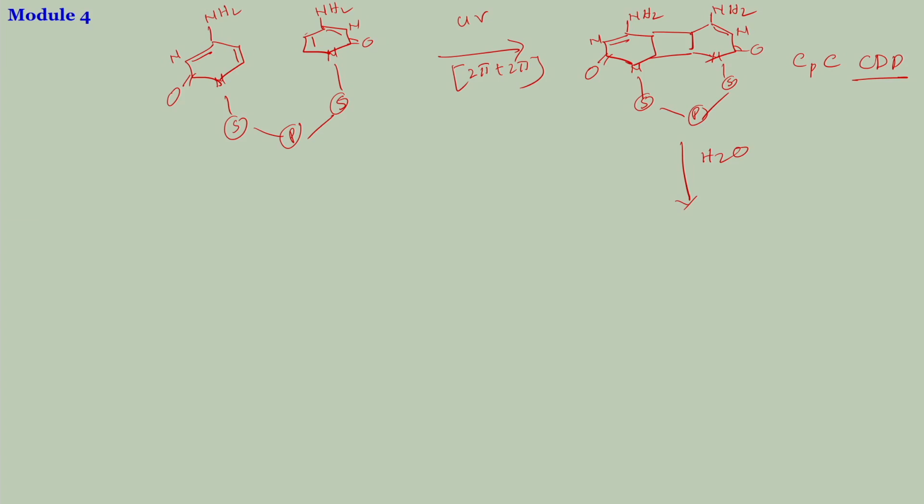Treatment of water deaminates the NH2 groups from here, quite rapid deamination actually. Once you form this in water, it is immediately hydrolyzed, ammonia would be released or NH2 will go out, and it will give you this OH first and then it will tautomerize, that will give you this.